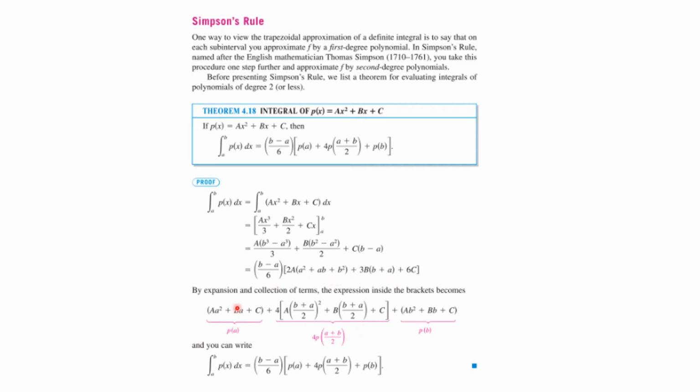When you simplify this expression, it is P of a, 4 P of (a plus b) over 2, and P of b. So that is the proof of this little exercise, and you should make sure that you understand these calculations.